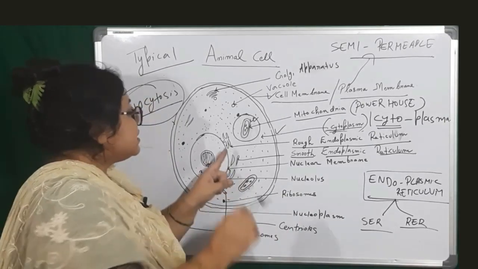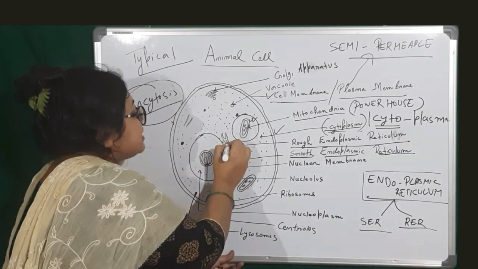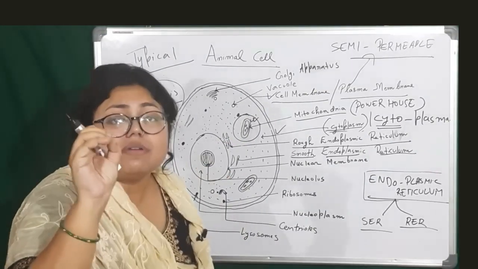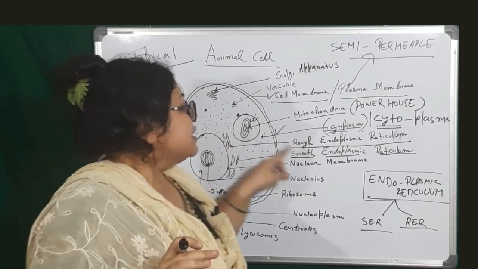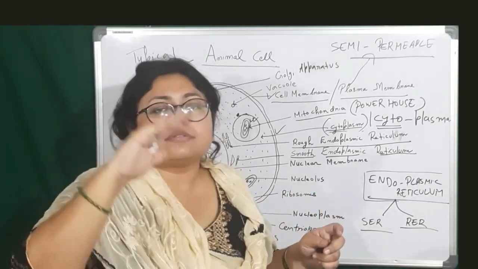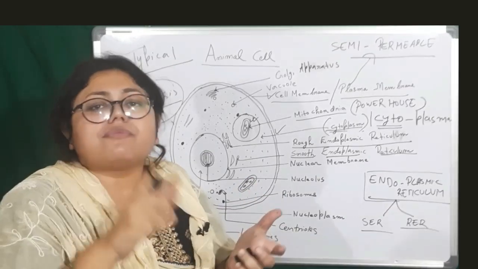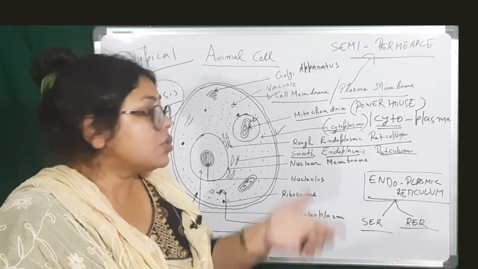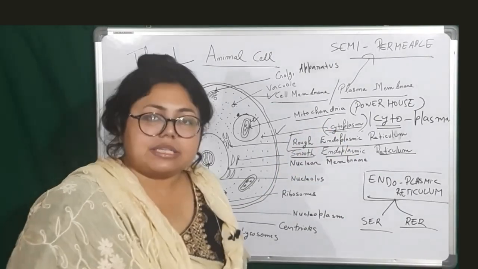But the moment the endoplasmic reticulum has ribosomes, the granular structures, present on it, its surface becomes rough because of the presence of the ribosomes. So that is why it is called the rough endoplasmic reticulum.